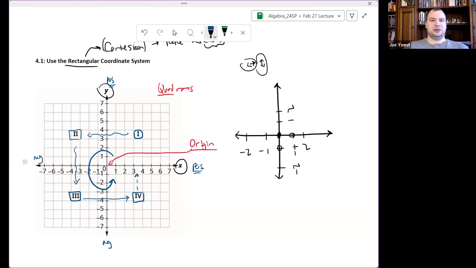When you get to, say, trigonometry, when there are more relationships with angles relative to these quadrants, some of this starts to make more sense why these are defined this way. But here, quadrant 1, upper right, and then we go around counterclockwise for quadrants 2, 3, 4.